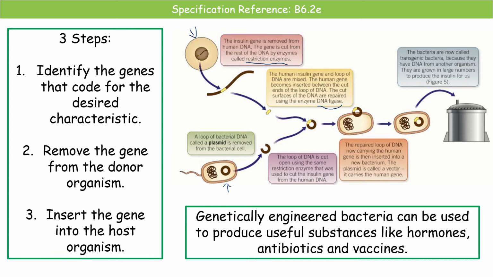We then introduce that plasmid back into our bacterial cell, and then we can grow them in large numbers. And remember, because bacteria produce genetically identical offspring, every bacterial cell that comes from that one will have the human insulin gene as well.